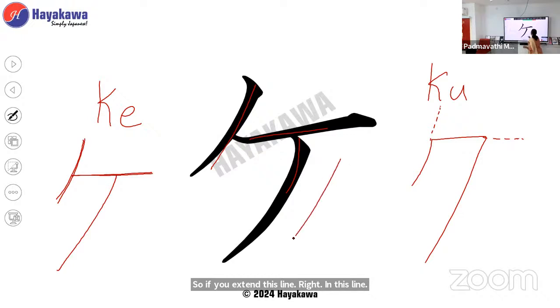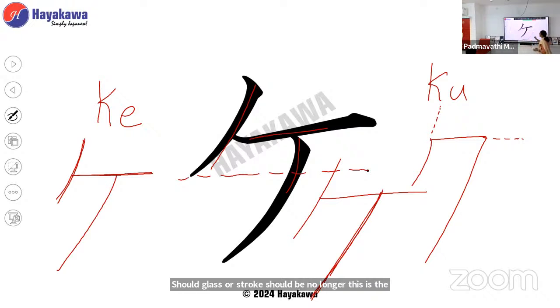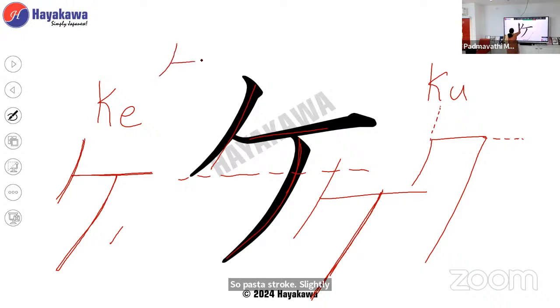So 1 and 2, 3 finally. This last stroke should be longer. This is the base. And it is not a straight line, right? Slightly curved. So first stroke slightly curved. Second stroke can be a straight line. Again, third stroke slightly curved, like this. So this is going to be ke.